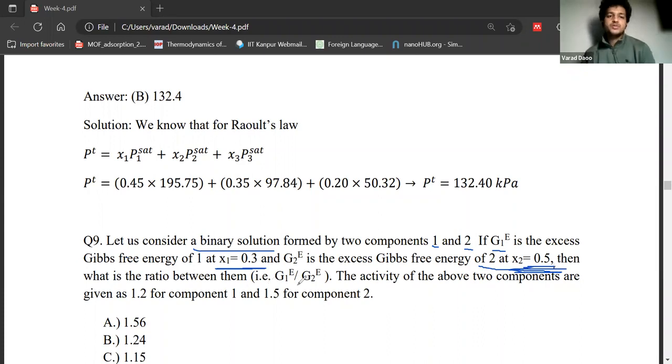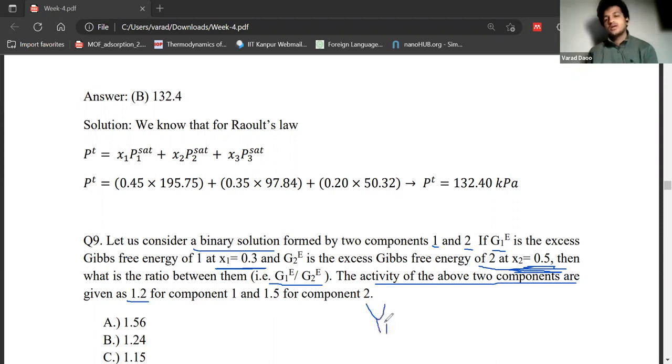Then what is the ratio of G1E by G2E, where the activity coefficients of the two components are given as 1.2 for component 1 and 1.5 for component 2.